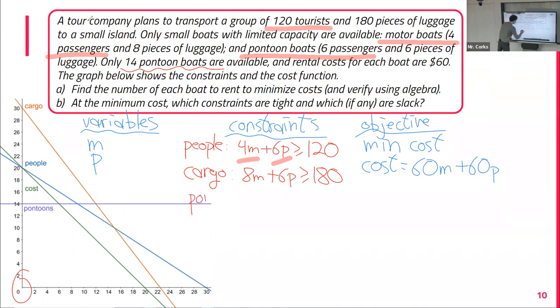Okay, so not equal. Greater than or less than? Less than or equal to 14. We only have 14 available. If P is less than 14, that's fine, but we can't go over 14 because there just aren't that many available. All right, so there's variables, constraints, and objective.